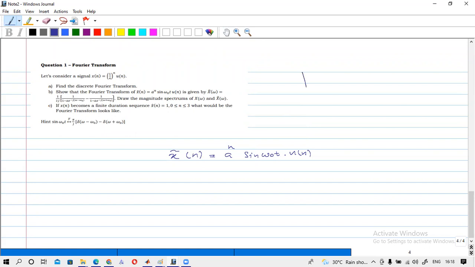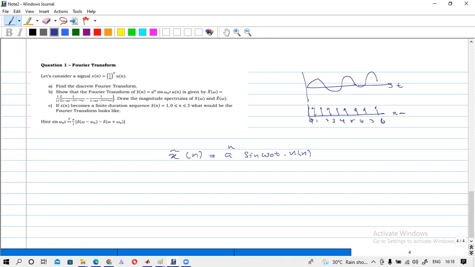If you draw a sine signal like this and multiply it with the unit step function like this, so this will be 0 1 2 3 4 5 6 7 8, and this will be t. If you multiply this, this will be n.